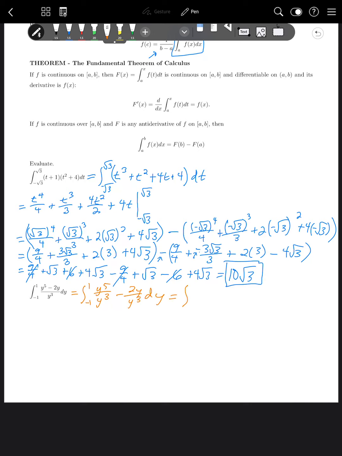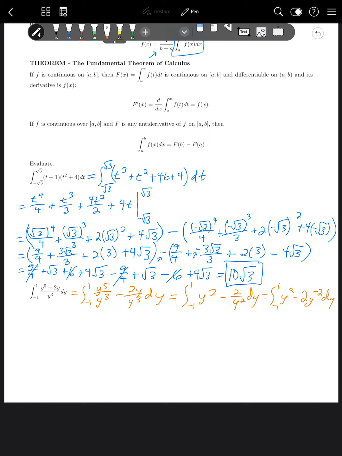And then I simplify that again, and that's -1 to 1 of y squared minus 2 over y squared dy. And probably to make the antiderivatives even easier, this is from -1 to 1 of y squared minus 2y to the negative second dy.